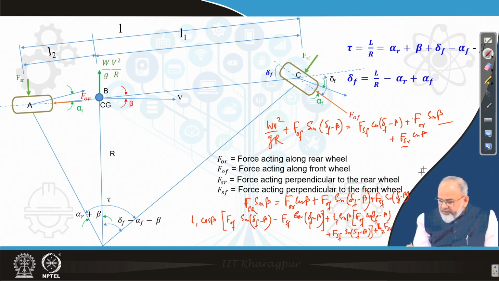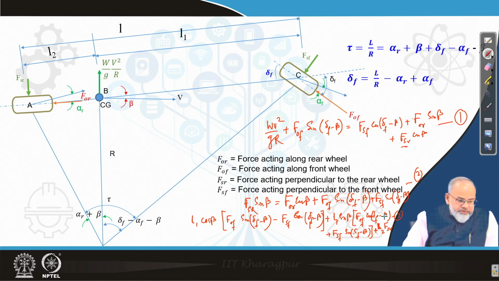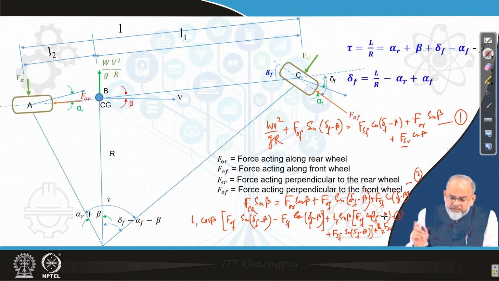So, these are the three equations which we got by resolving the forces parallel to the turning radius, perpendicular to the turning radius, and then taking moments about the CG. Now, delta_f and beta are not very high angles, they are very small angles, so you can approximate them as closer to 0. That means the sine components will be more or less 0 and the cosine components will be 1.